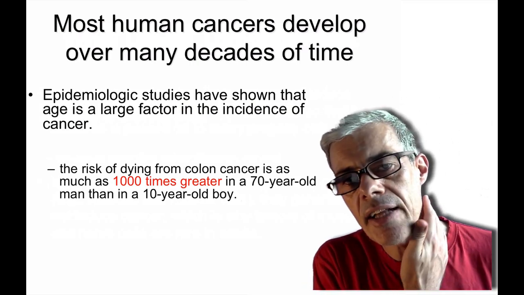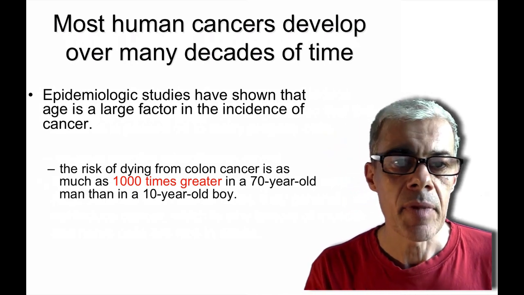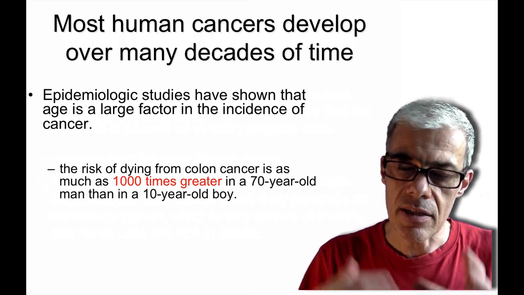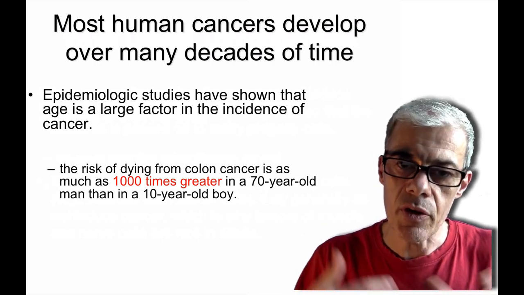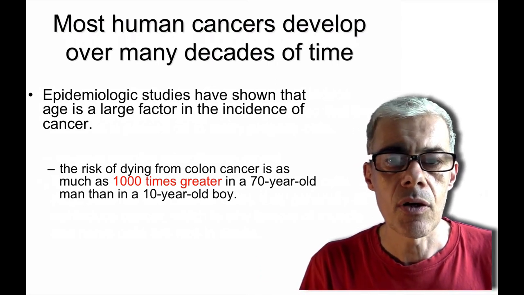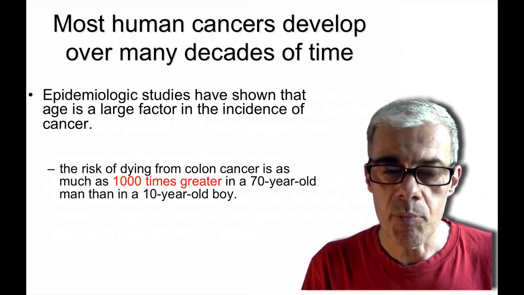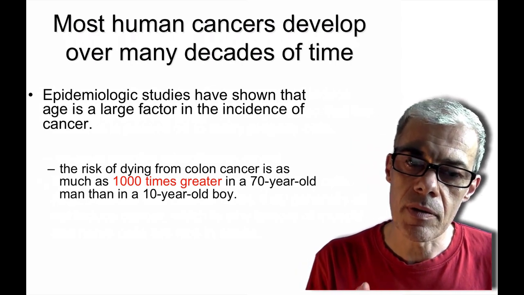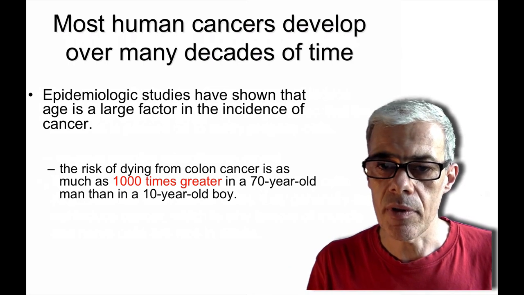People who study cancer have been looking at the epidemiology of cancer, in other words, looking at large populations, the statistics of these populations, and the behavior of cancers within them. One thing that's pretty obvious to us all is that cancers are observed more frequently in older people than younger people.